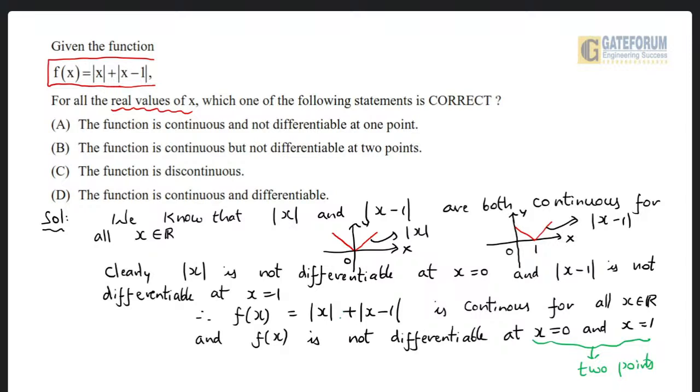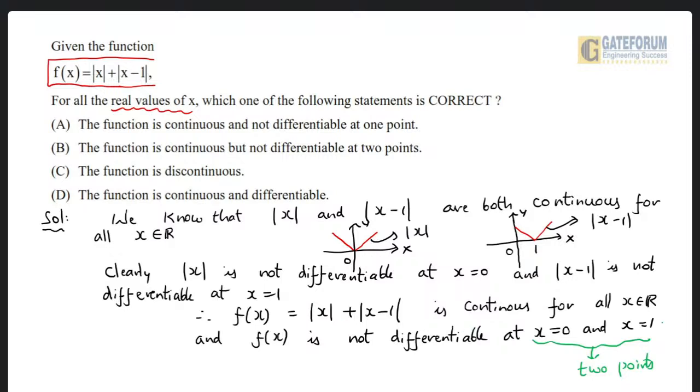You will have the function defined in 3 subintervals, and proceed with the definition of derivative at x equal to 0 and at x equal to 1, using left hand derivative as well as right hand derivative by the limits procedure. Definitely you will get left hand derivative at x equal to 0 not equal to right hand derivative at x equal to 0. Similarly, left hand derivative at x equal to 1 not equal to right hand derivative at x equal to 1. So finally, f x is not differentiable at x equal to 0 and x equal to 1. Okay.